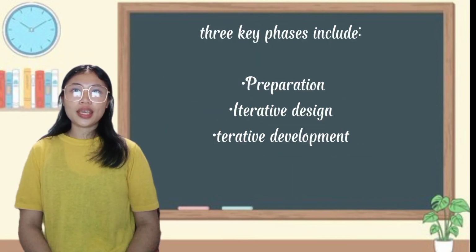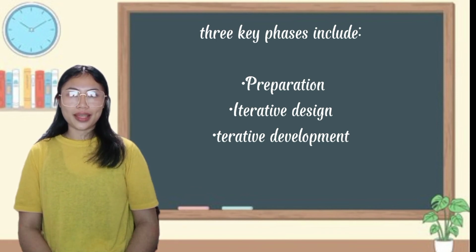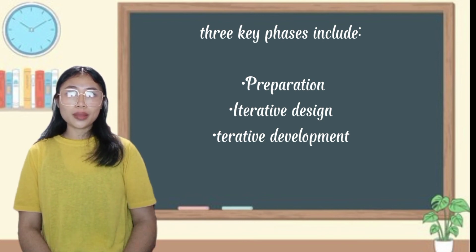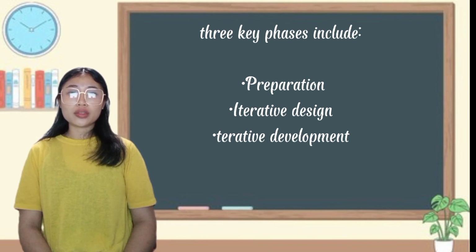The three key phases include preparation, iterative design, and iterative development. According to the e-learning industry, SAM serves as a rapid design and development model that uses short and agile steps to create holistic and flexible projects. This enables designers to test their course early and often and be agile to revisions based on user feedback.